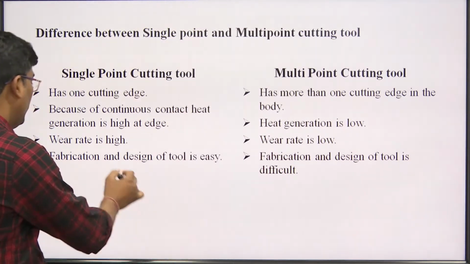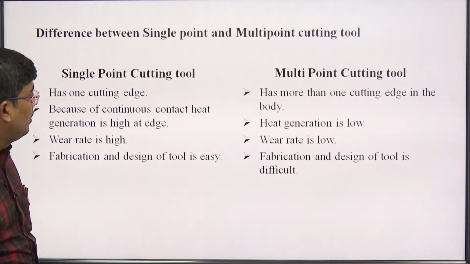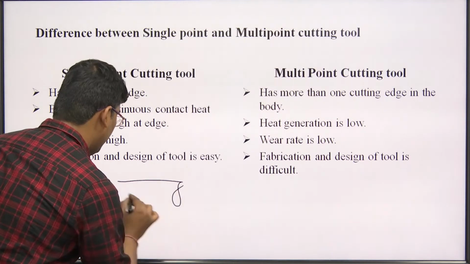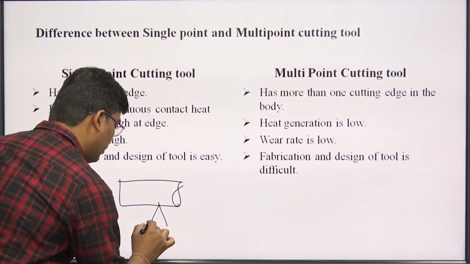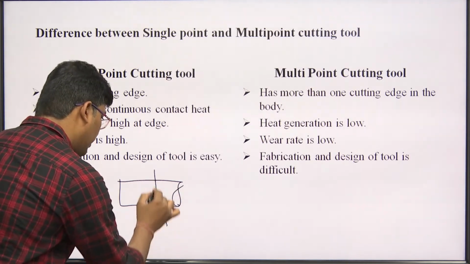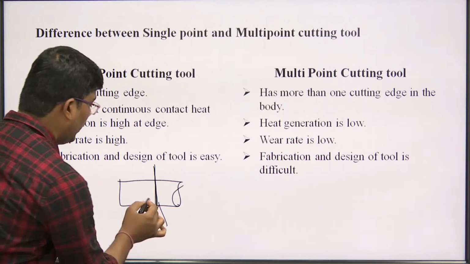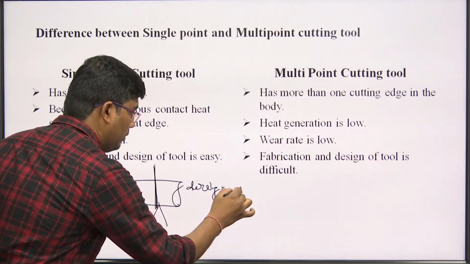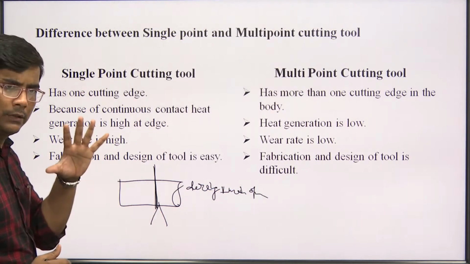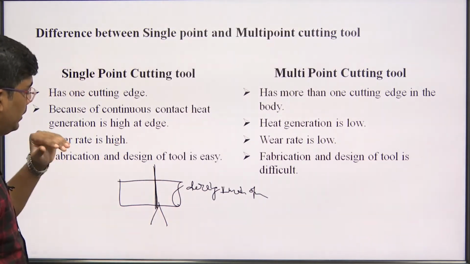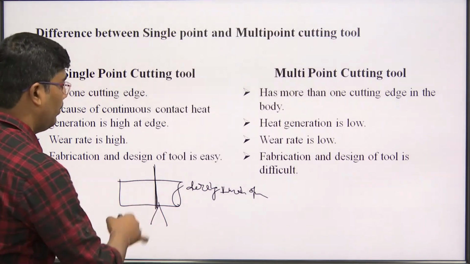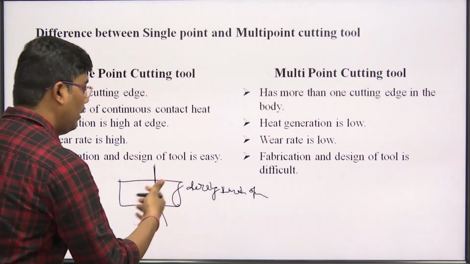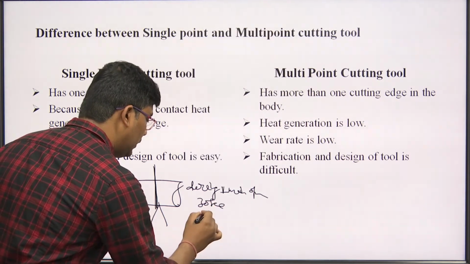For example, this is a workpiece, and a single point cutting tool is used to cut the workpiece from here, making a parting here. One cutting edge passes during the operation, say 10 times it moves from here to here. But with a multiple point cutting tool, the time before one cutting edge gets its turn again may be 30 seconds or 10 seconds.